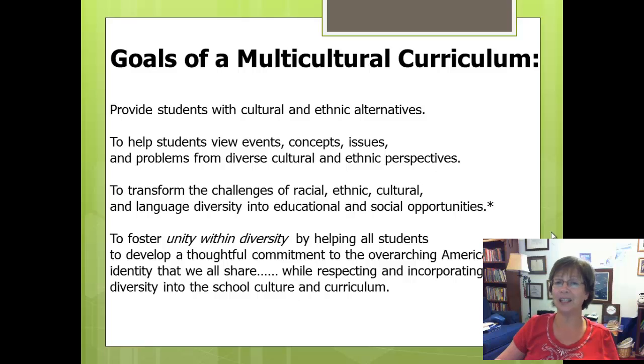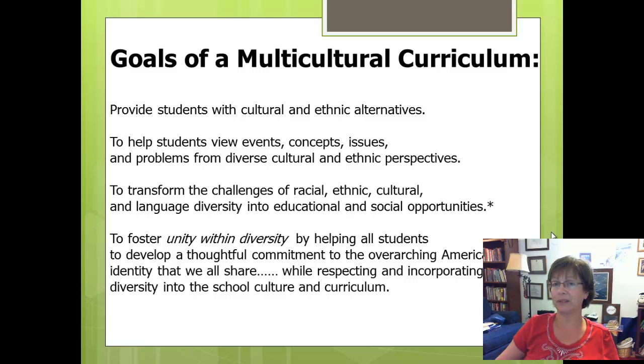To foster unity within diversity by helping all students to develop a thoughtful commitment to the overarching American identity that we all share, while respecting and incorporating diversity into the school culture and curriculum. And one of the things that I always stressed is, how are we the same?